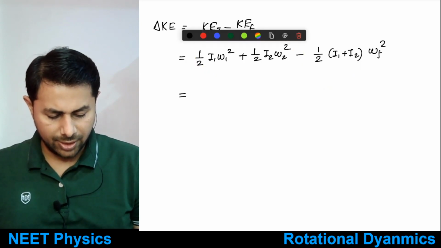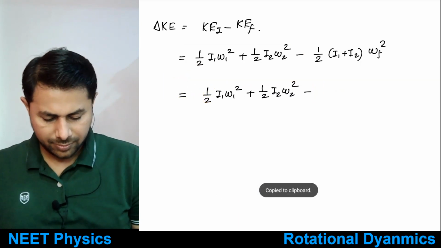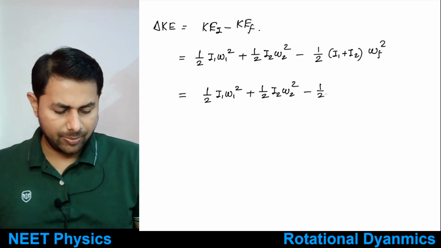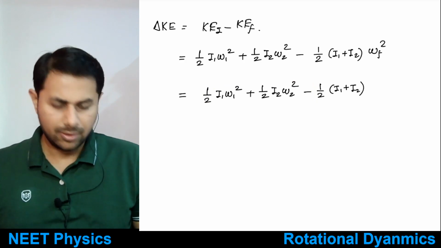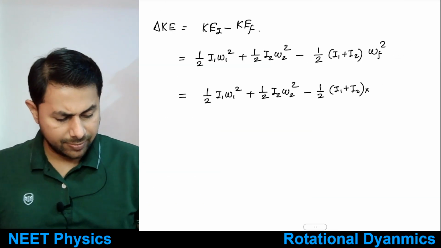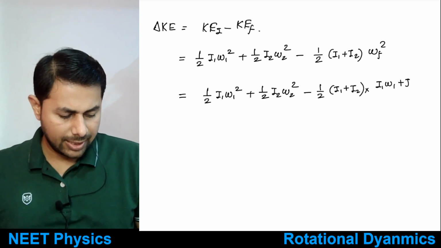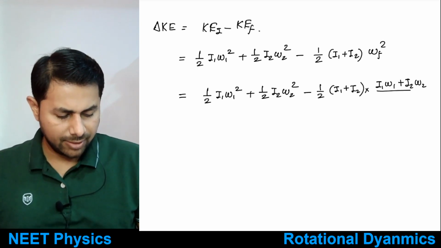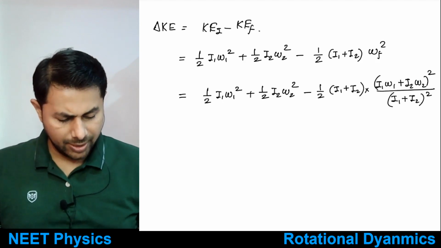This is the initial kinetic energy of the two disks, minus half of I1 plus I2 multiplied by omega f, which is I1 omega 1 plus I2 omega 2 divided by I1 plus I2, and you have the square of that.